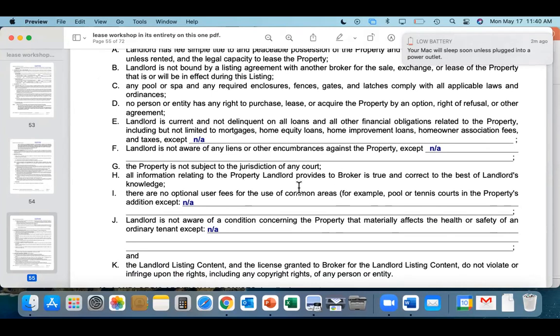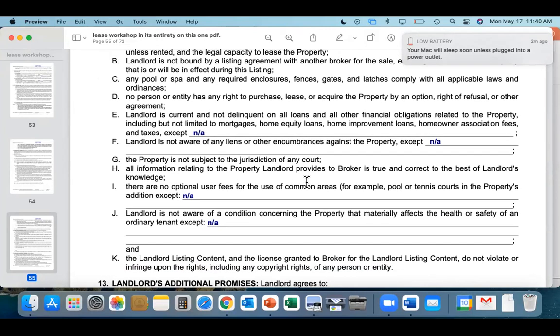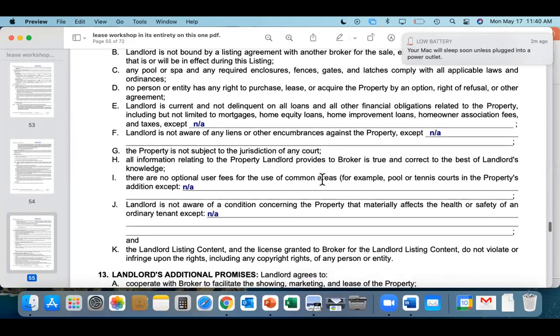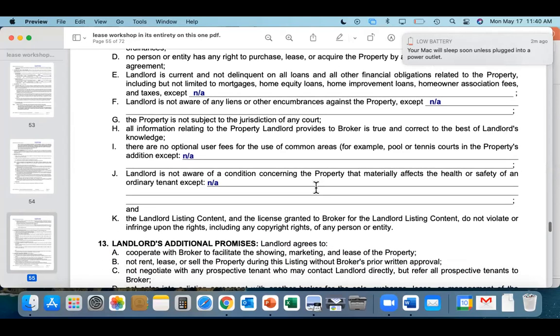That the landlord is current and not delinquent on any loans or financial obligations. Back in the day, we used to have poor tenants in there, and the landlord was about to get foreclosed on, and they had to get evicted, when we had a horrible market. So we just want to make sure he's in good standing, so that if we move somebody in, they're okay to live there for a year and everything is going to be okay.